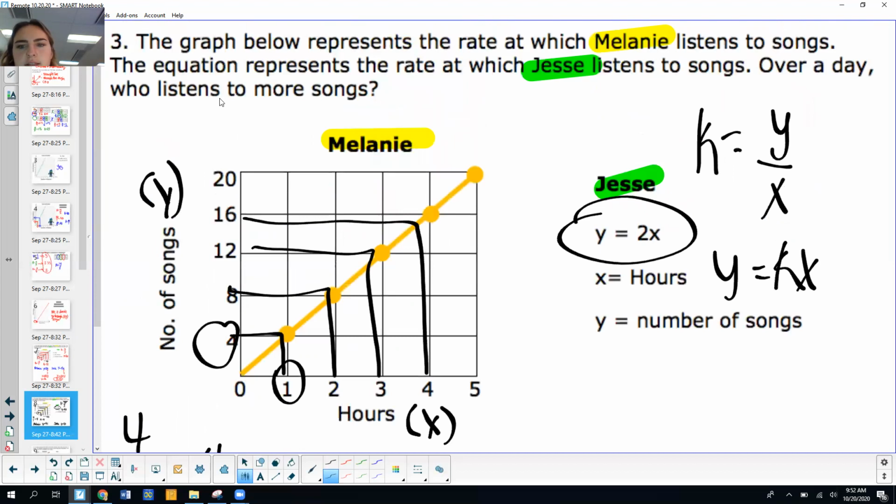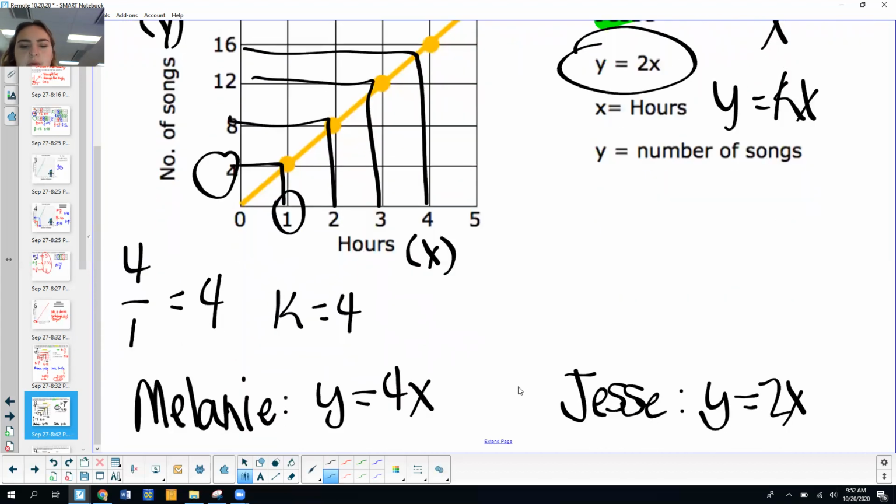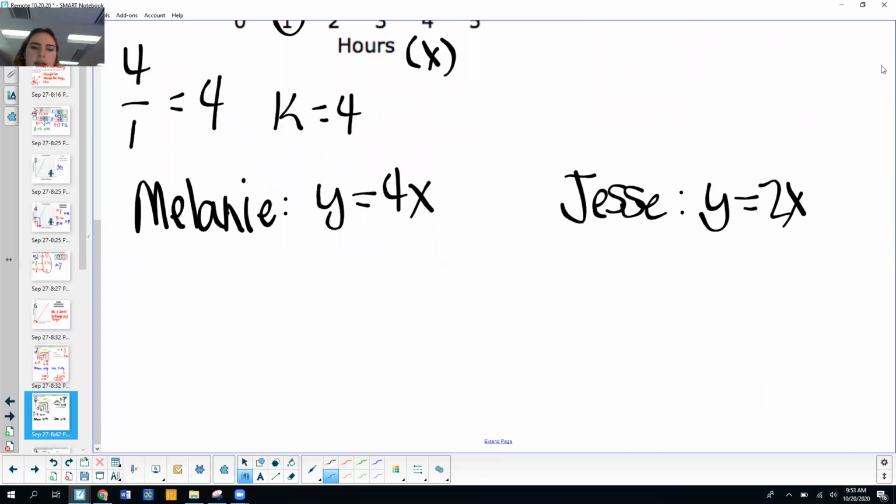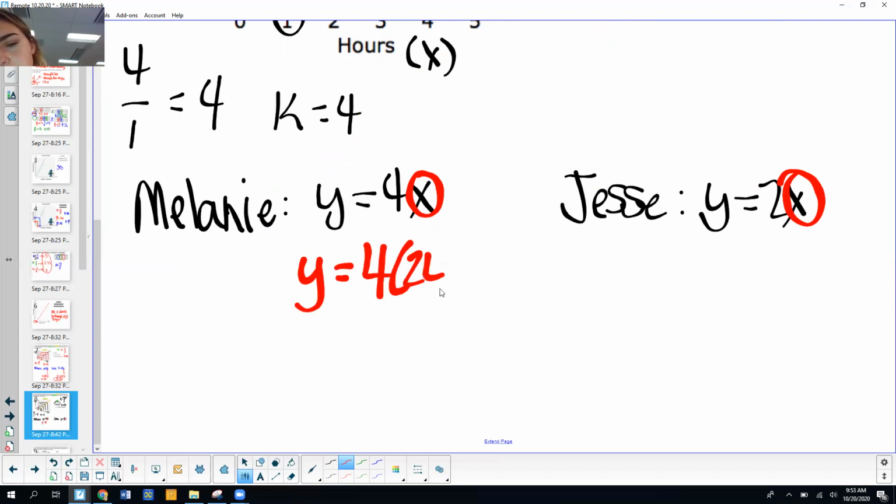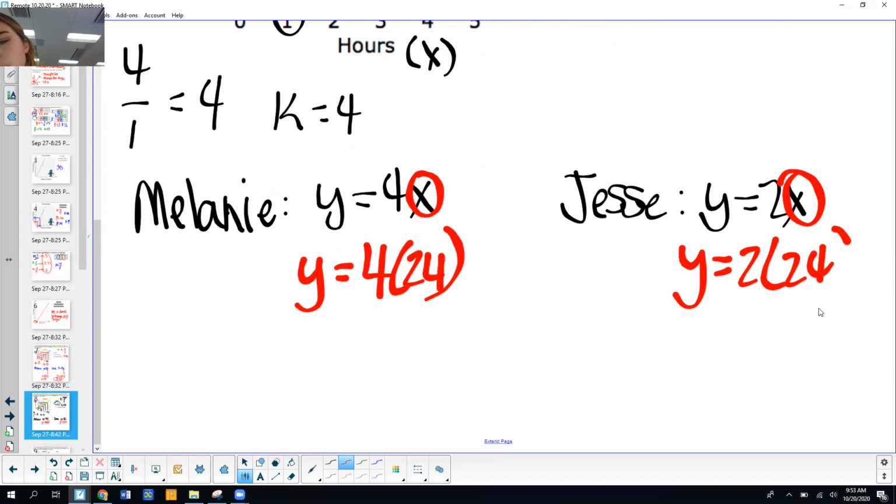This is kind of tricky because it says over a day, but if x is hours, we need to think of how many hours are in one day. 24. So I'm going to replace x with 24 in both of these. So y equals 4 times 24, and y equals 2 times 24.